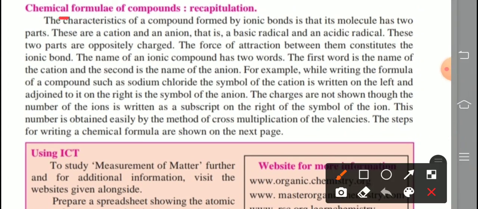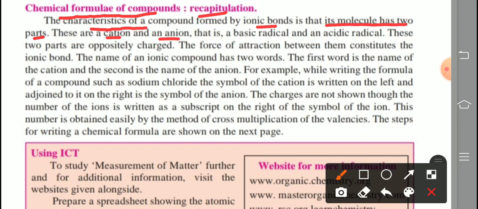Now chemical formulae of compound, that is a recapitulation. The characteristic of a compound formed by ionic bonds is that its molecule has two parts. These are a cation and an anion. In each molecule, in case of an ionic compound, two parts are there, cation and anion.